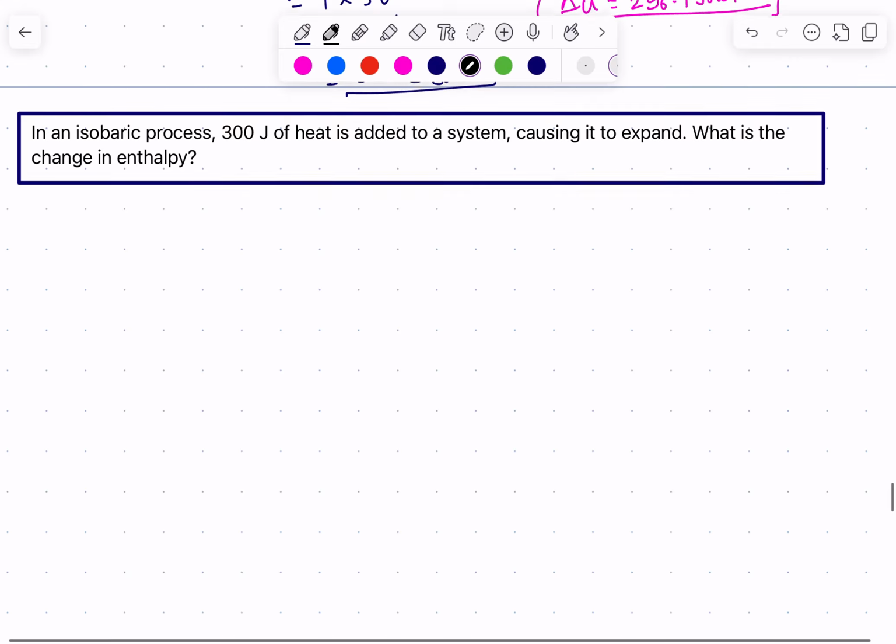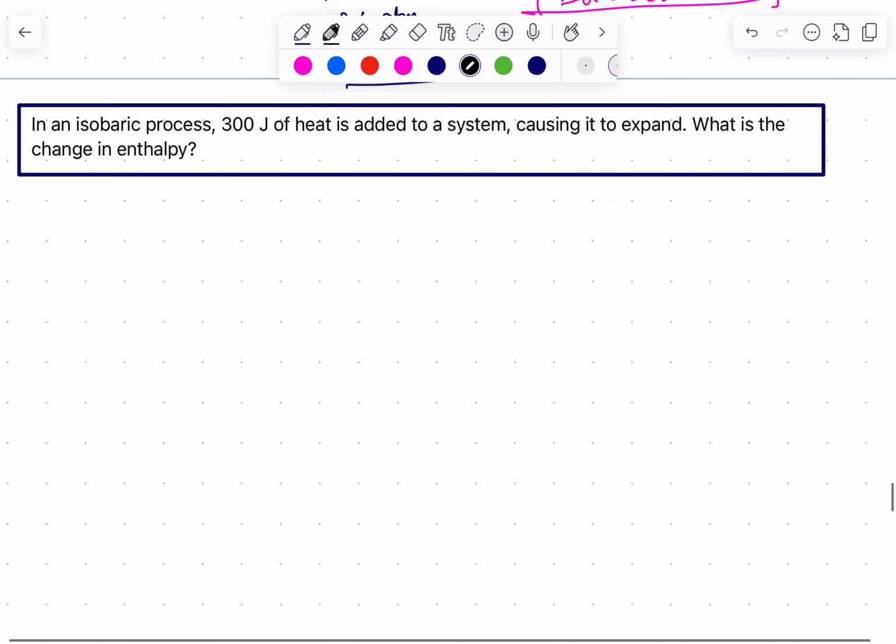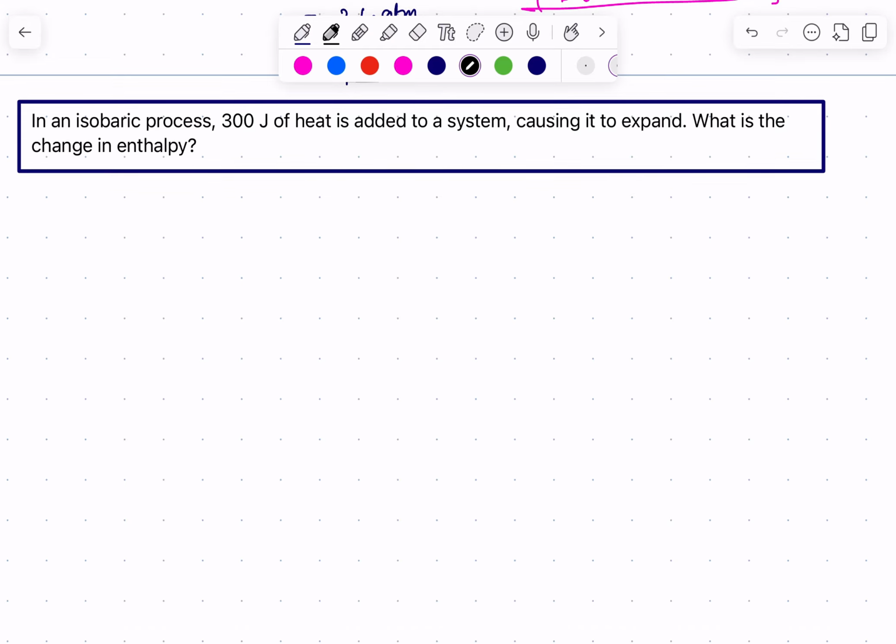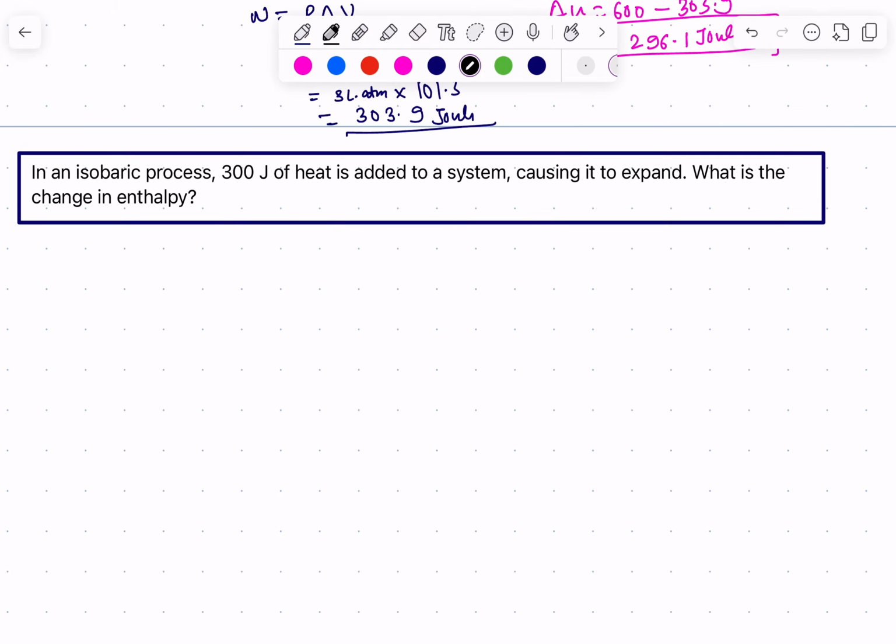Sanjay, if in this condition it is an isochoric process, then also give me the answer. So, Jawad, you give me the answer for isobaric, and Sanjay, you give me the answer for isochoric.